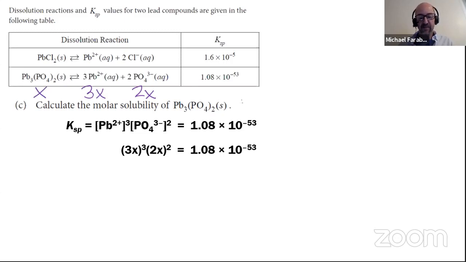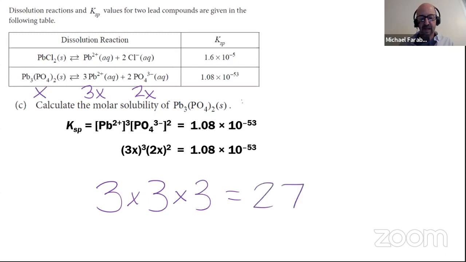And let's take a look at some math here. We have 3 times 3, which is 9, times 3, which is 27. And then, of course, we have 2 squared, which is 4. So we should have 27 times x to the third power and 4 times x squared.